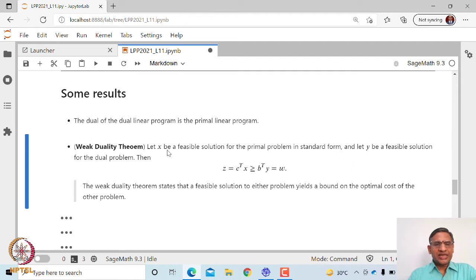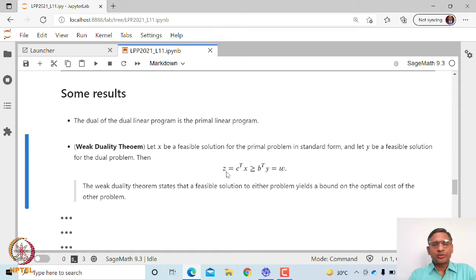So what does it say? Let X be a feasible solution for a primal problem in the standard form. The standard form which we have considered is minimization type with greater than or equal to inequality constraints. And let Y be a feasible solution of the dual. So we have a feasible solution X for the primal and a feasible solution Y for the dual.